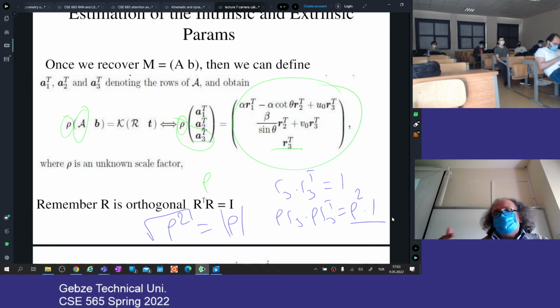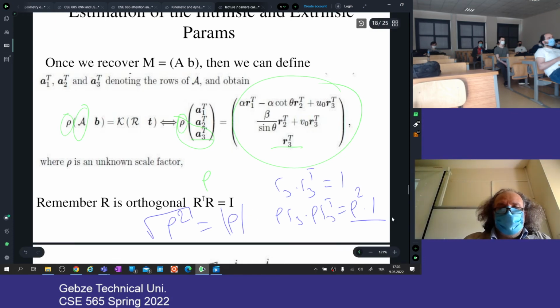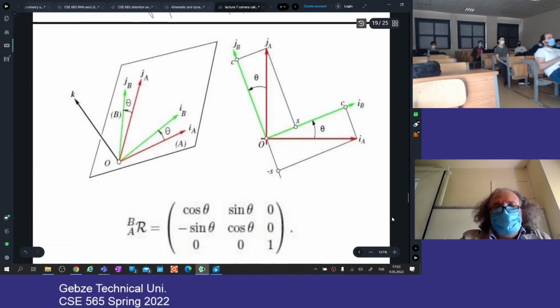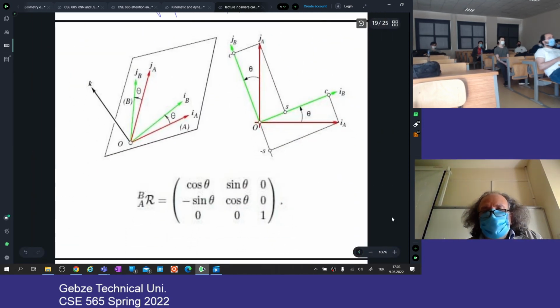There is a plus-minus factor in it. I just took the absolute value of rho. So let's continue and see if I can find the sign of rho somewhere, and we will do that. So you remember this already.